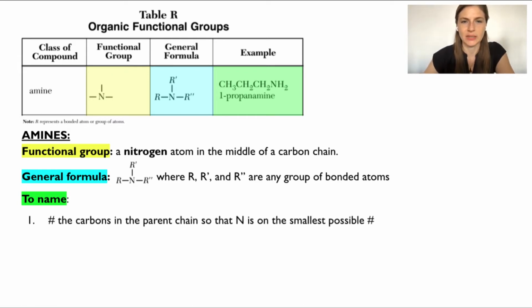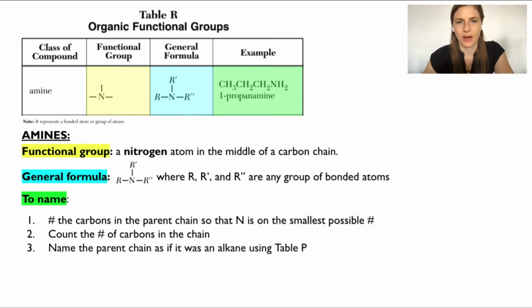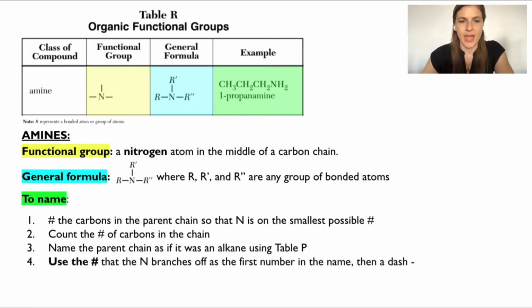To name an amine, we are going to count the number of carbons in the parent chain so that the nitrogen is numbered on the smallest number possible. This is really similar to when we were naming branched alkanes, if you remember that video. So we're counting the number of carbons in that chain, and naming the parent chain as if it was an alkane using Table P. And then we are using the number of the carbon that the N branches off of as a number at the beginning of the name.